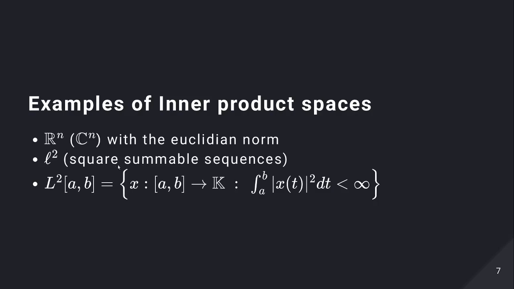Those are the square summable sequences. That is not yet a Hilbert space, but an inner product space. And similarly for functions, we have this space of, say, continuous functions such that the integral of their absolute value squared is finite, and that is also an inner product space.